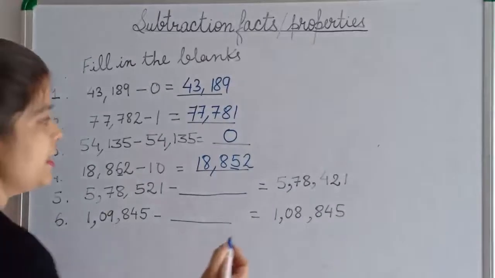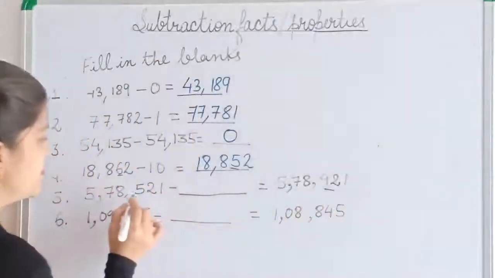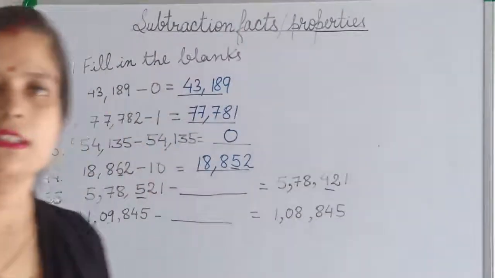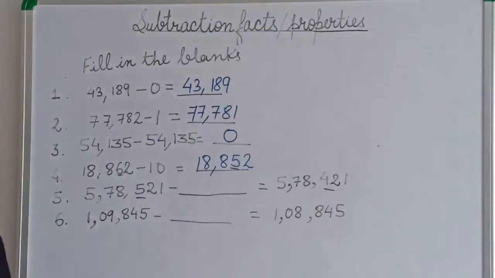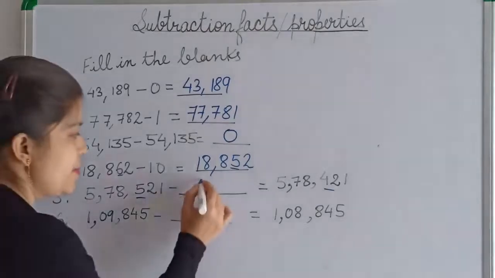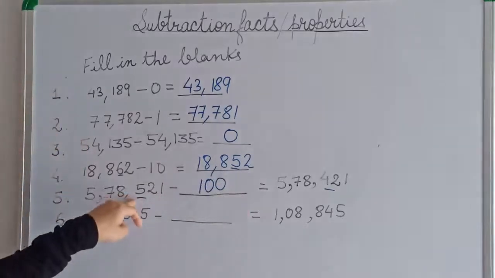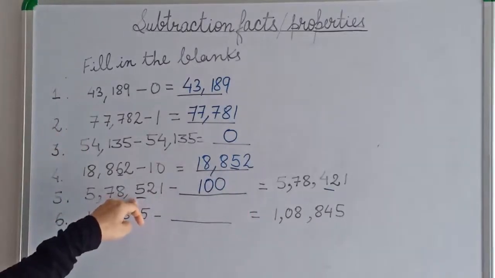Everything is the same, only see the hundreds place. Here it is 500 and here it is 400. That means we are subtracting 100. Only then is it possible. So its answer will be 100. When we subtract 100, we only reduce the number in the hundreds place by 1.